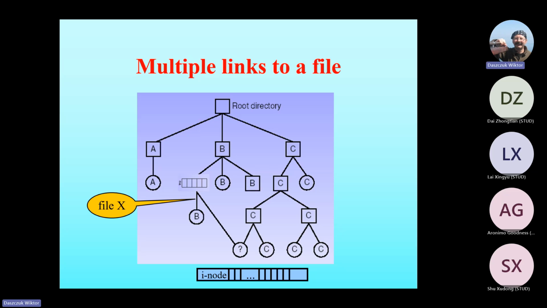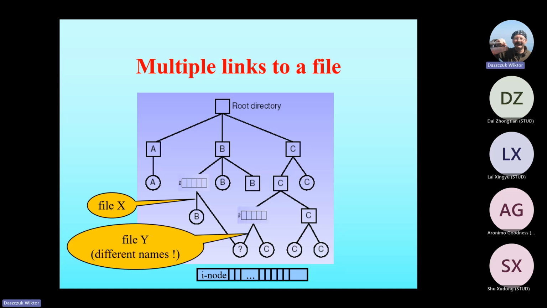Assume that in the second directory, the file name is Y. It can be different. So we have the entry with name Y and the same inode number. That's why the names in Unix are not stored in inodes. All data except name, because name is held in directory.